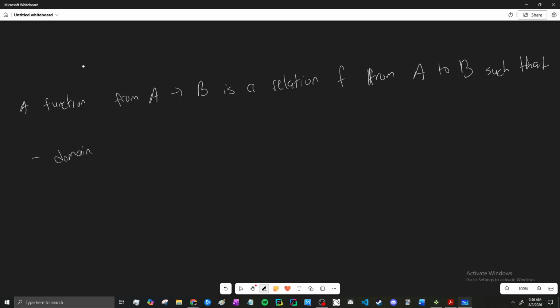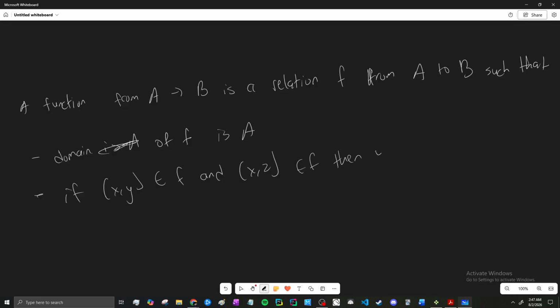A function from A to B is a relation f from A to B such that the domain of f is A, and if (x, y) and (x, z) are in f, then y equals z.